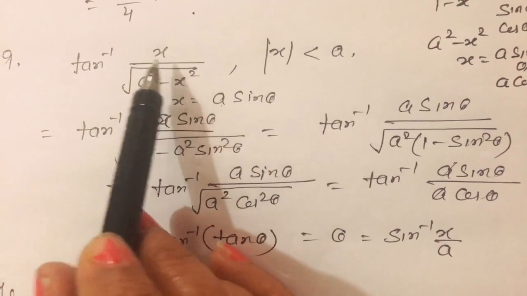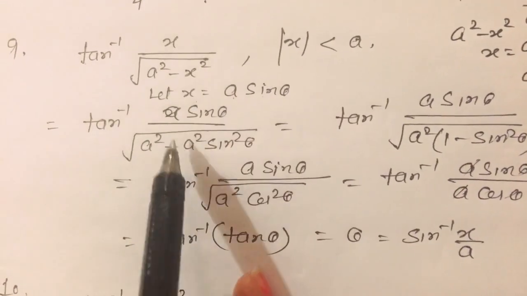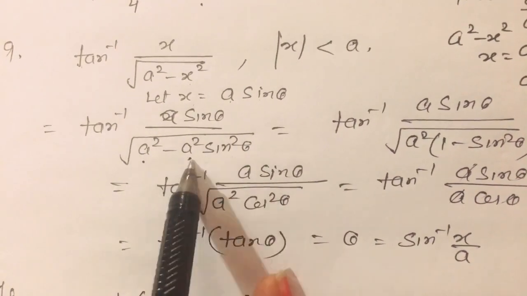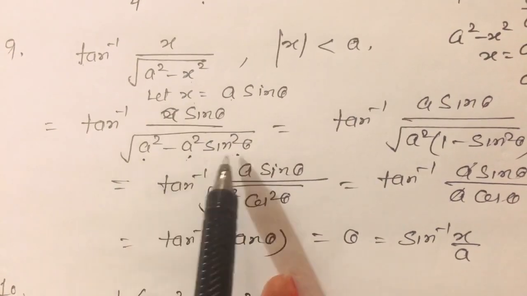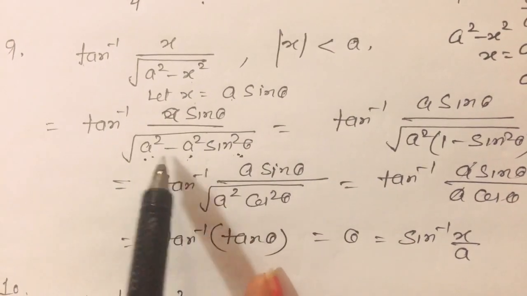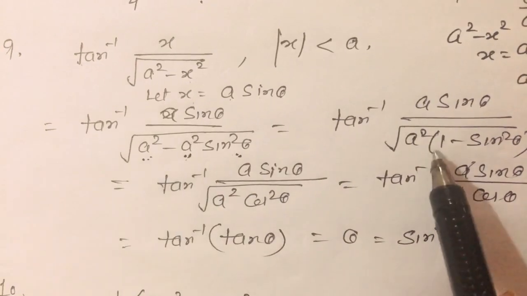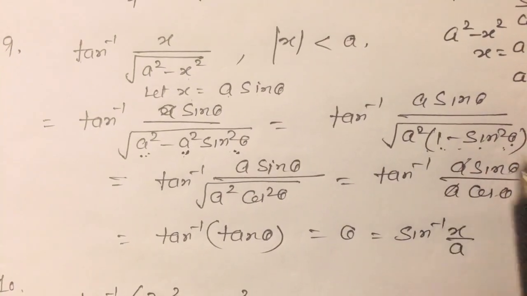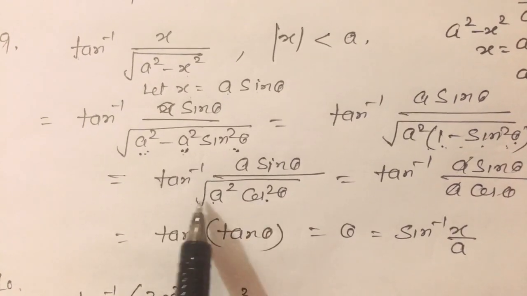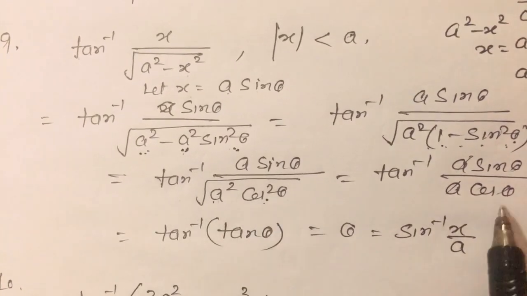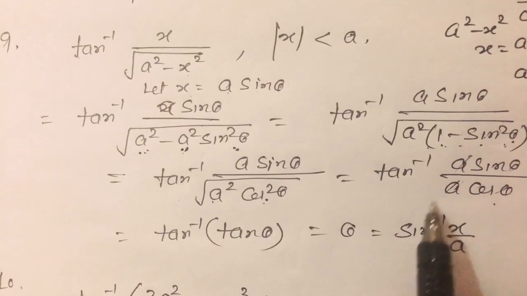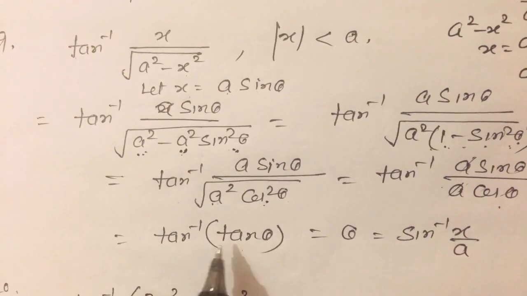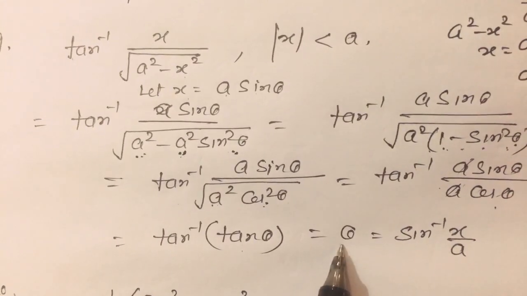So what will we get? Tangent inverse of a sine theta upon the square root of a square minus x square. In place of x, what will we put? a sine theta. It will be a square sine square theta. Then a square will be taken common, and we will get 1 minus sin square, and 1 minus sin square is cos square. So the square root of a square is a, and the square root of cos square is cos theta. So a cancels with a, sin upon cos is tangent, tangent cancels with tangent inverse, and we will get only theta.